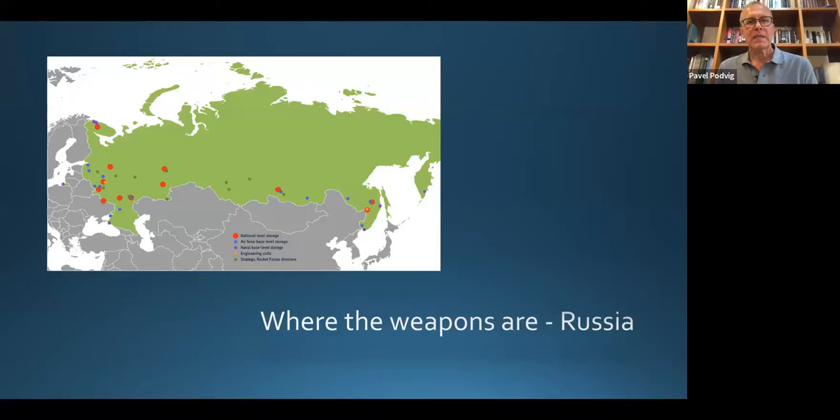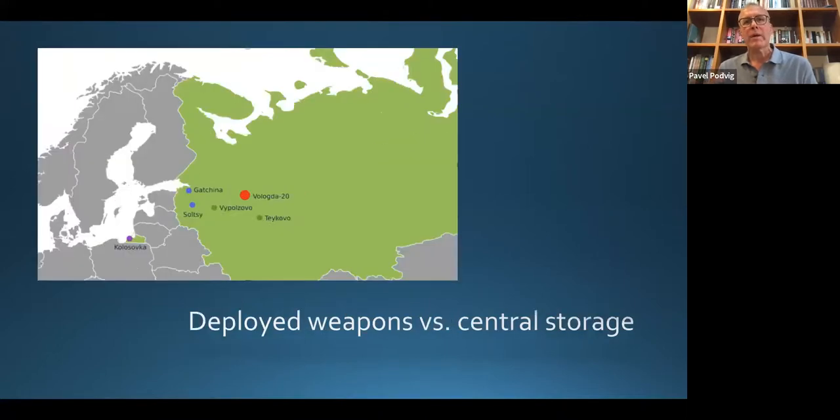One is that by moving them away, you are moving them pretty far away. This is, for example, the structure of storage sites that are attached to the national level facility in Vologda. If you would remove weapons from Kaliningrad, they would go to this national level Vologda site, and from Gachina and Soltsy. That's about 1,000 kilometers away.